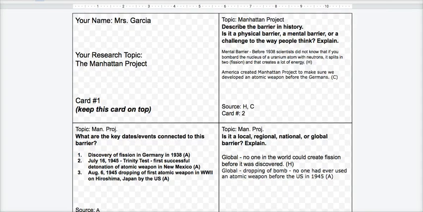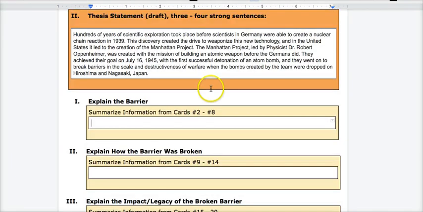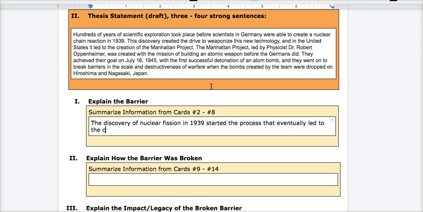Okay, so I'm going into my outline. The discovery of nuclear fission in 1939 started the search, the process that eventually led to the creation of nuclear weapons.